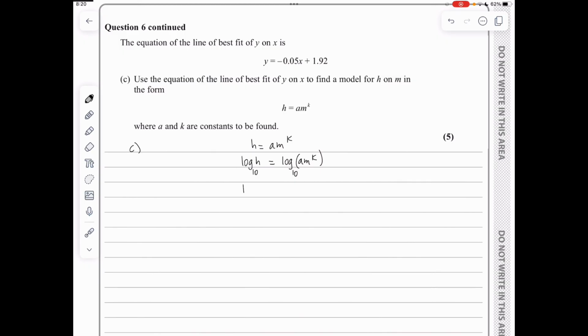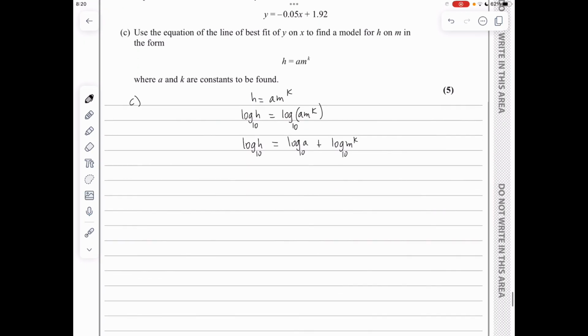Now this can be written as log H is equal to log of A base 10 plus log of M to the K base 10. So the logarithm of a product is the sum of the logarithms, and I can proceed in saying that log of H base 10 is log of A base 10 plus K log M base 10 using the power law of logarithms.